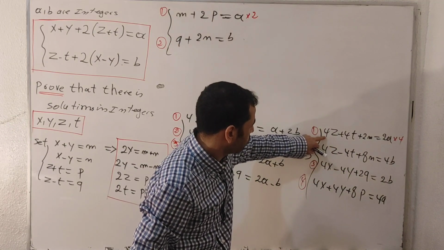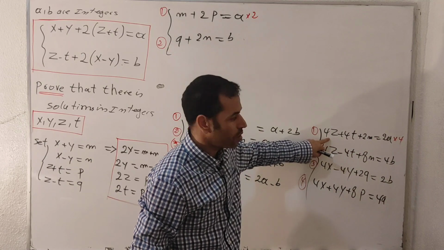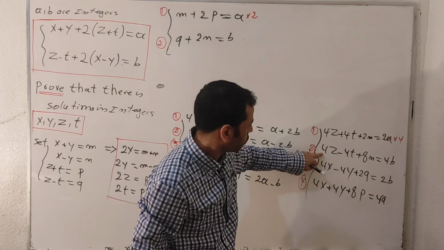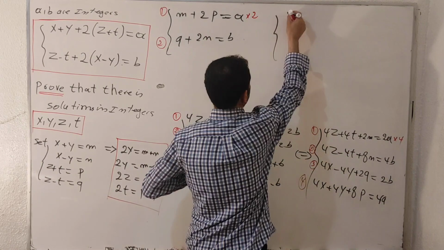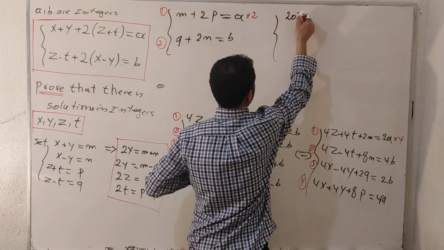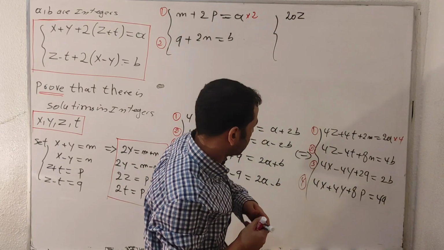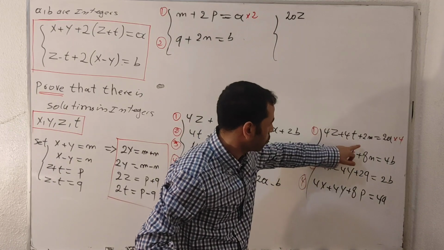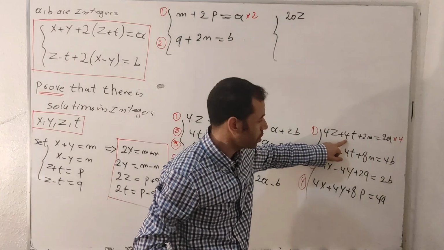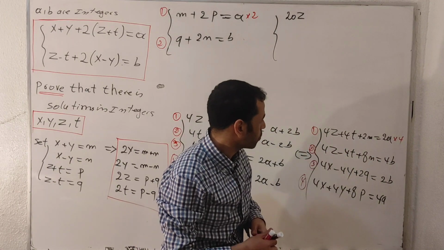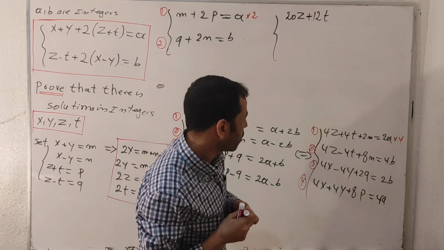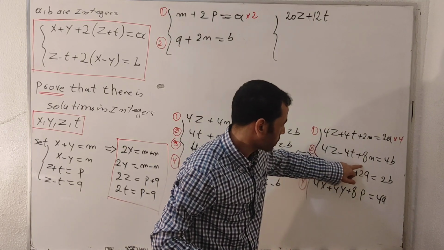So I will have 4 multiplied by 4, which is 16z, 16z plus 4z, which is 20z. Then 4t will be multiplied by 4. I will get 16t minus 4t, which is 12t. Then next up I will have here 8m plus 8n.